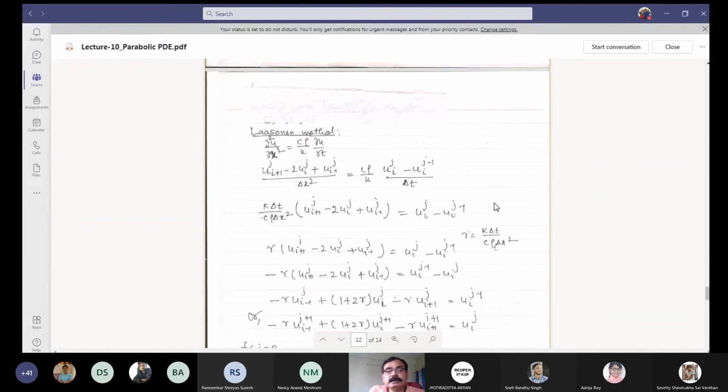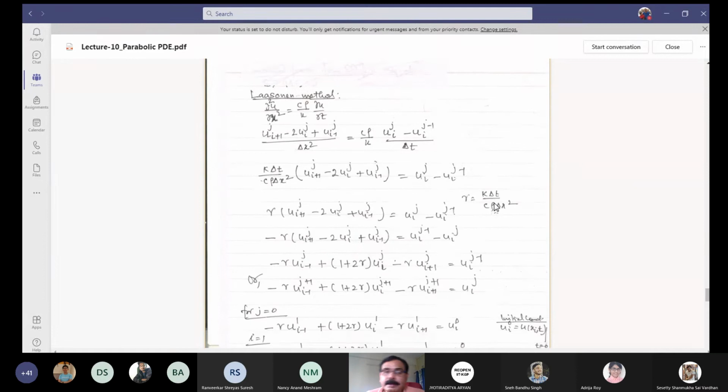Okay, so for this next method I have already told you that for the right hand side part we'll use the backward one. That's all, nothing else is changed. So for del 2 u by del x square, the central scheme is used. For del u by del t, the backward scheme is used.